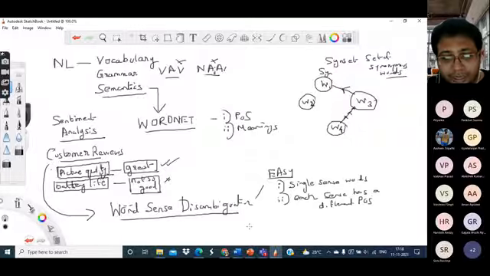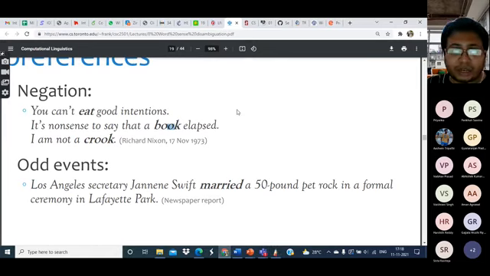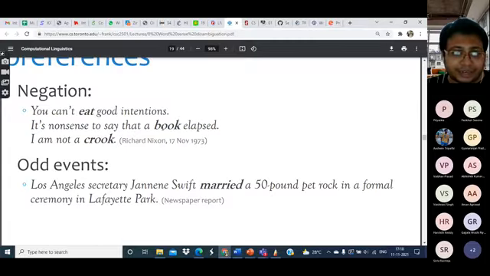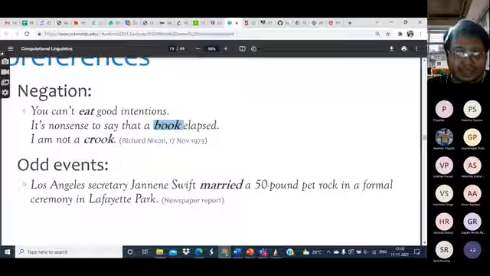So for example, in case of book, the two senses are, one is a noun, the other is a verb. Now in this case, suppose we have this sentence, there is this technique of part of speech tagging, right? POS tagging, which we briefly mentioned on Monday. That will tell you which word token is a noun, which is a verb, which is a pronoun, etc. So you will understand that this particular word token is a noun.